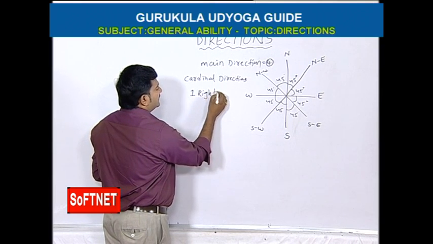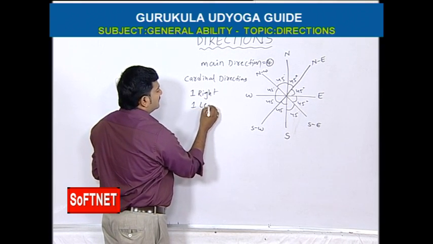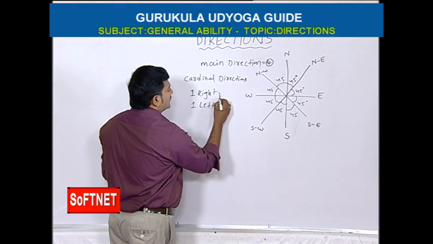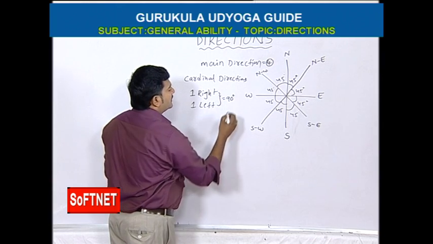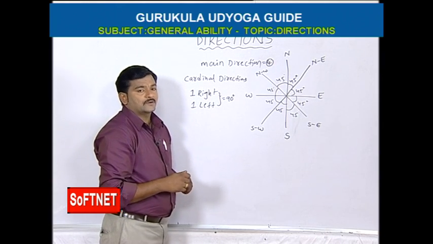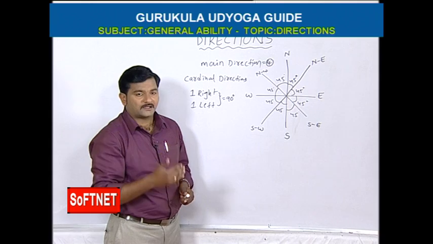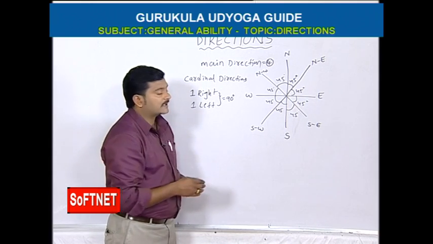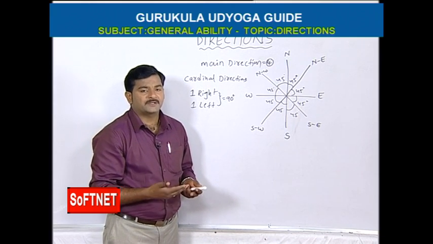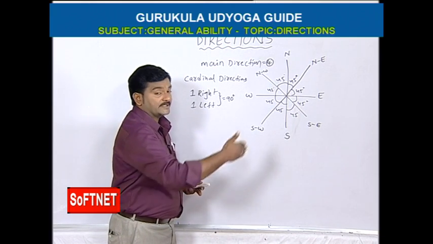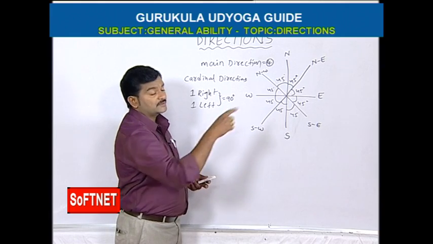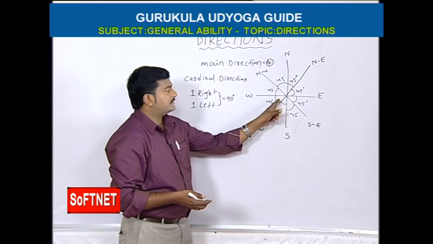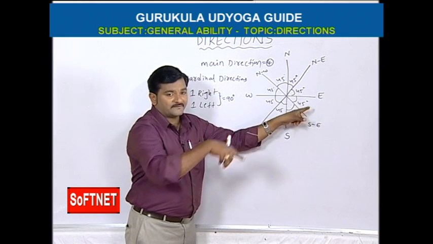So with this, suppose a person is turning to the right side, or a person is turning to the left side. One right or one left turn is equal to how many degrees? 90 degrees. So what does it mean? For example, the person is facing towards east, and he is turning one right.